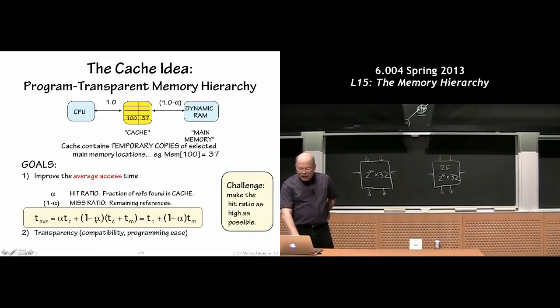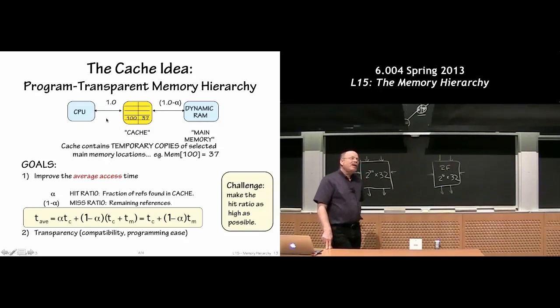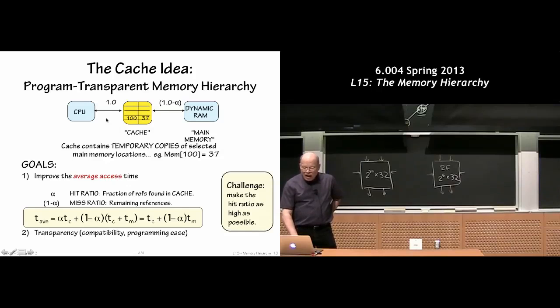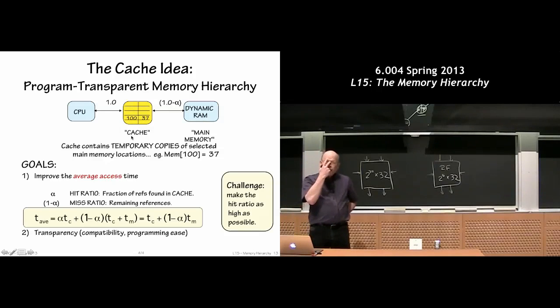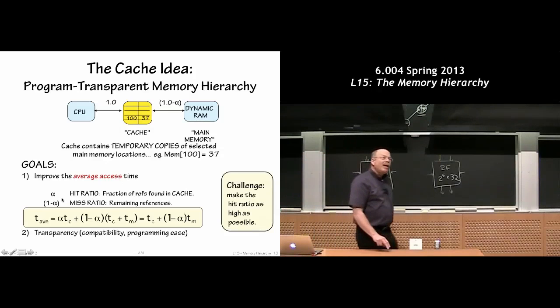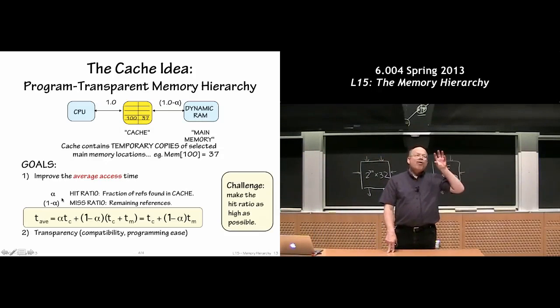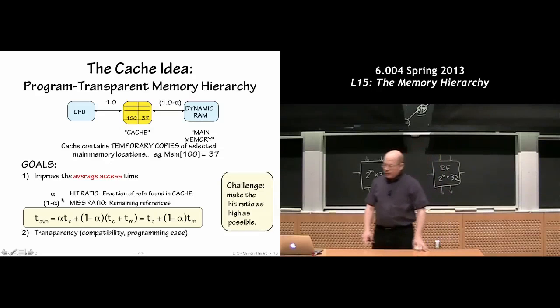Okay, so the cache idea. How does this work? Well, of course, 100% of the time, the CPU is asking, certainly every cycle, for an instruction. Then we look in the cache, and I'll describe that hardware in a moment. Alpha percent of the time, this is called the hit ratio, we hit in the cache, meaning the contents of the address we're looking for are already in that yellow box.